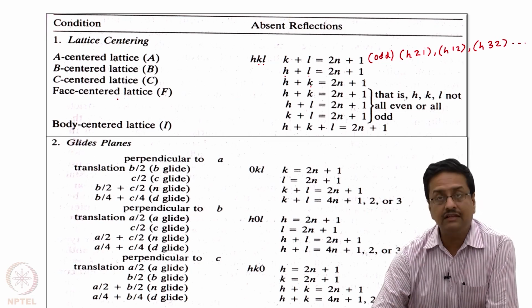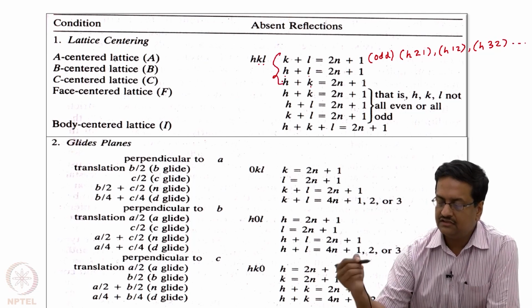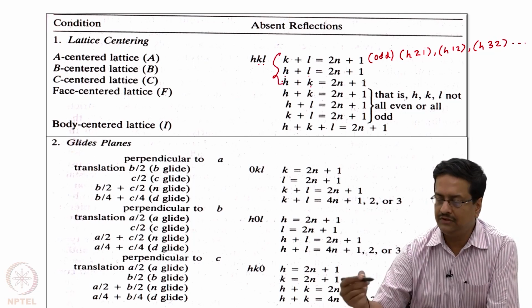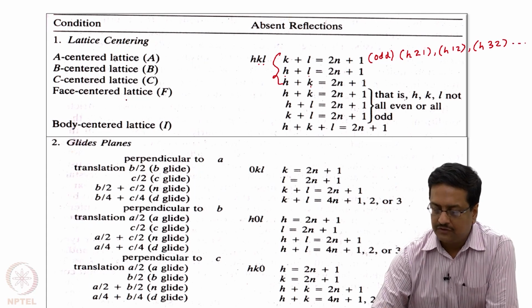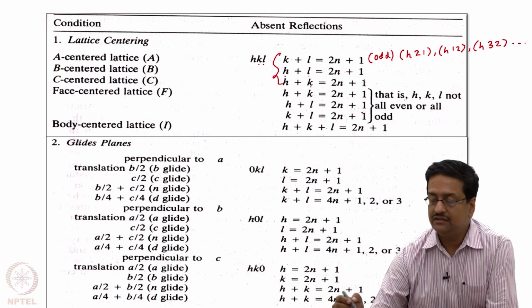Now, in case of a face-centered lattice, when all the three conditions need to be simultaneously fulfilled, in all the cases H plus K should be odd, H plus L is odd, K plus L is odd. That means H, K and L are not all even or all odd.